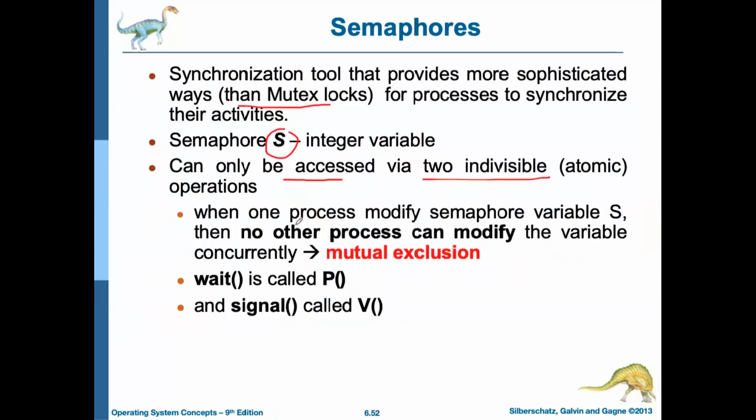When one process modifies the semaphore variable S, no other process can modify it concurrently. So we want to achieve this mutual exclusion concept, with methods or functions called P, for wait, and V, for signal.